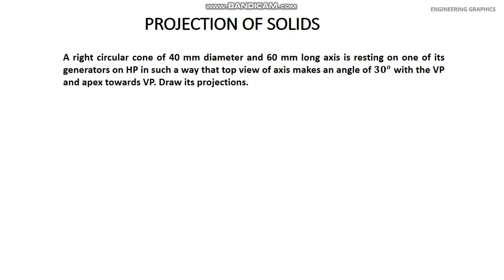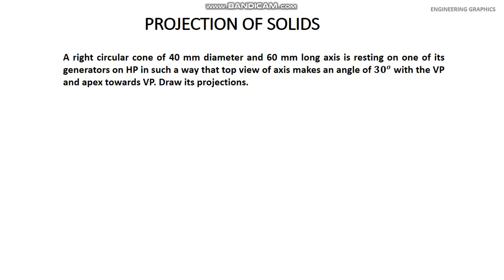The second problem statement is: a right circular cone of 40 mm diameter and 60 mm long axis is resting on one of its generators on HP in such a way that the top view of the axis makes an angle of 30 degree with the VP and apex towards VP. Draw its projections.